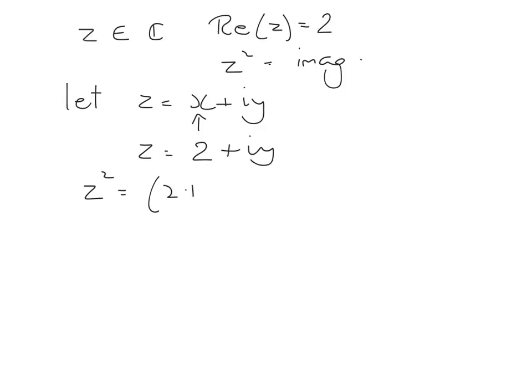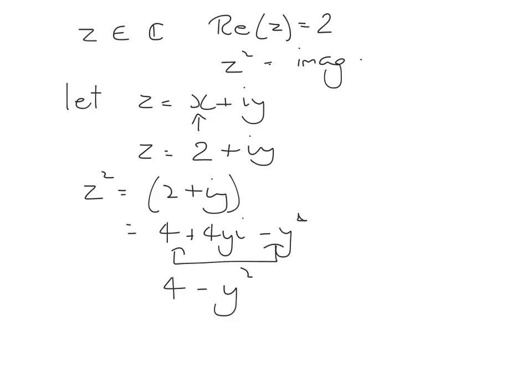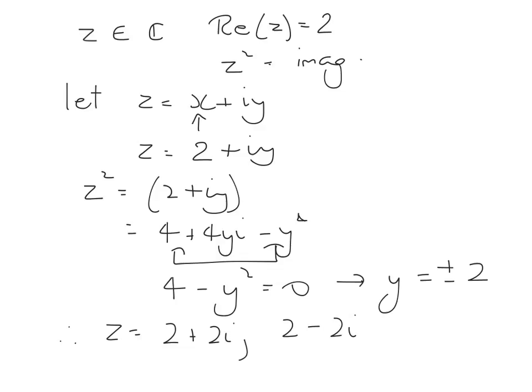So if I square z, I end up with 4 plus 4yi minus y squared. But since z squared is imaginary, then we know that the 4 and the y squared together, so 4 minus y squared, has to equal 0. Solving that simple equation, we get y equals plus or minus 2. So therefore, z will equal 2 plus 2i or 2 minus 2i.